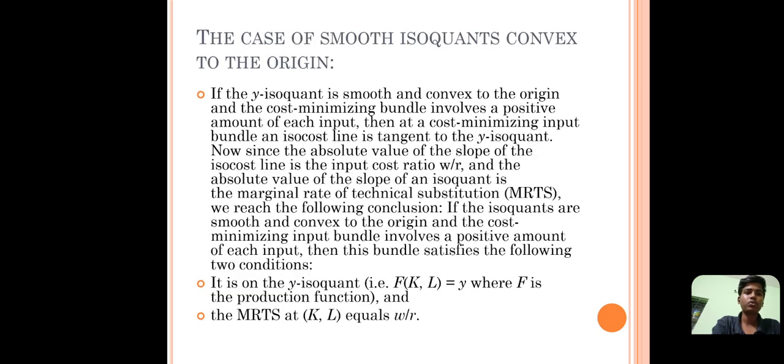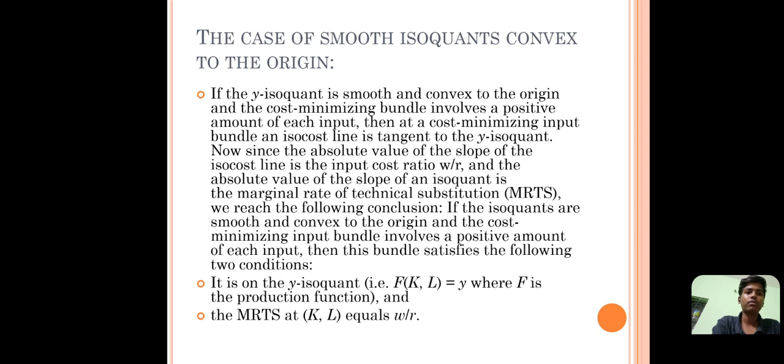The case of smooth isoquants convex to the origin. If the y isoquant is smooth and convex to the origin, and the cost minimizing bundle involves a positive amount of each input, then at a cost minimizing input bundle, an isocost line is tangent to the y isoquant.